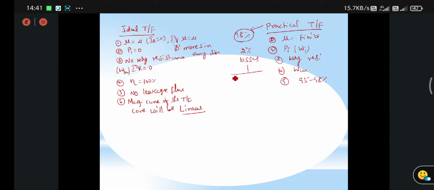In that we have major losses and minor losses.